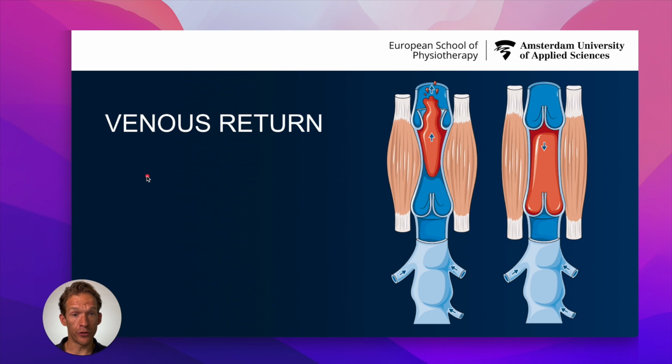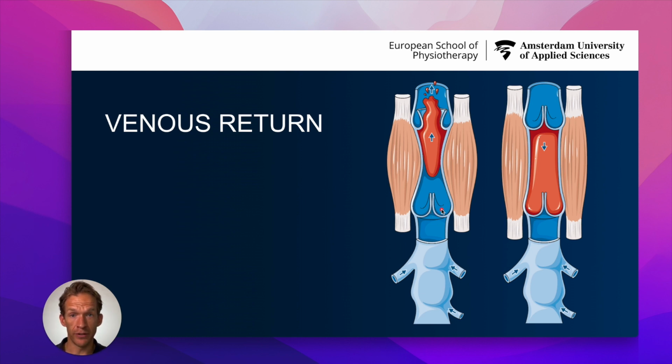The venous return is to a great extent determined by, for example, the muscle pump and some other physiological features. The muscle pump allows the veins to push the blood back up because of the valves, for example in your legs, that prevent blood flow in the wrong direction. So, for example, flow back to your toes is prevented by these valves.